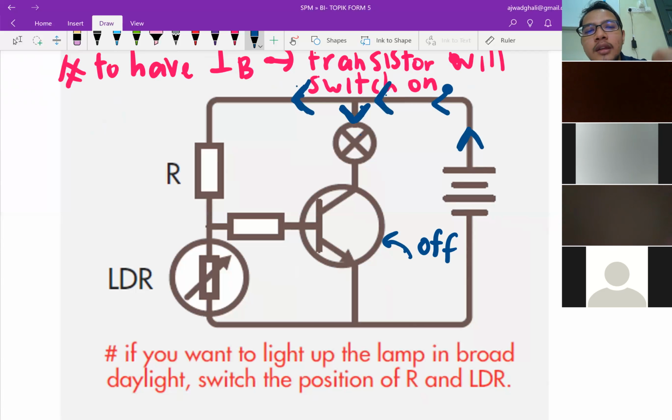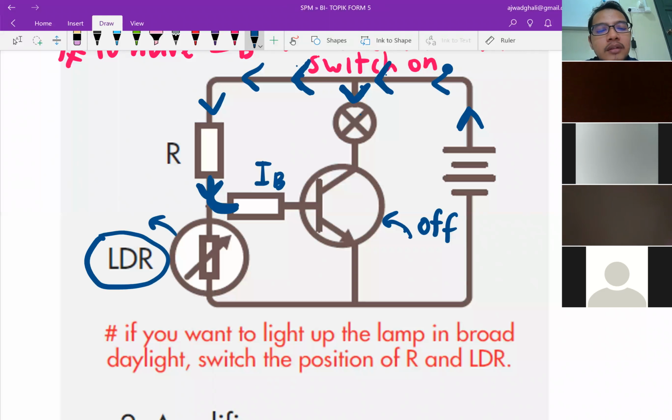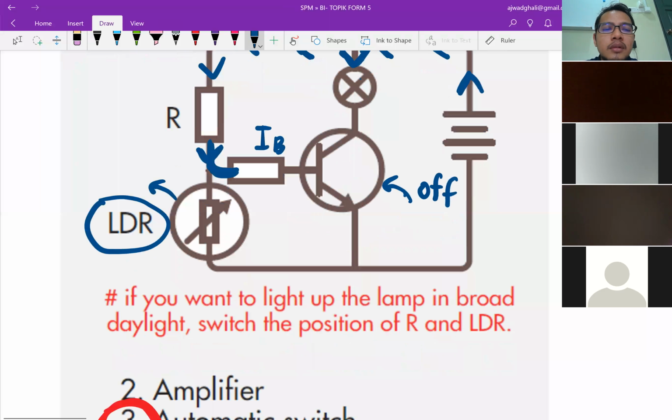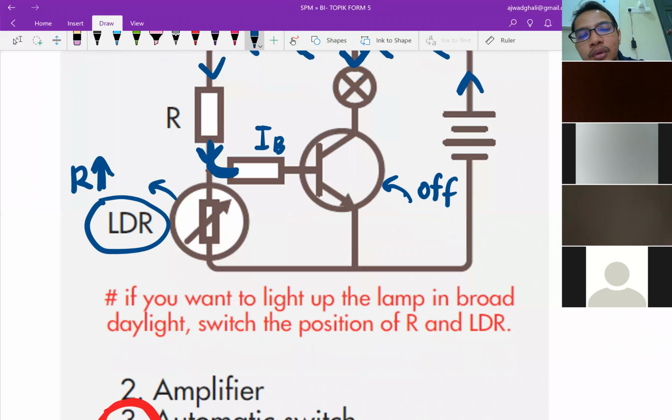So to make sure the transistor is on, current flows here, here, here. This is the base. To make sure current flows to the base, this LDR or light dependent resistor, its resistance depends on light. So when this resistance is really high, current will flow to the base.